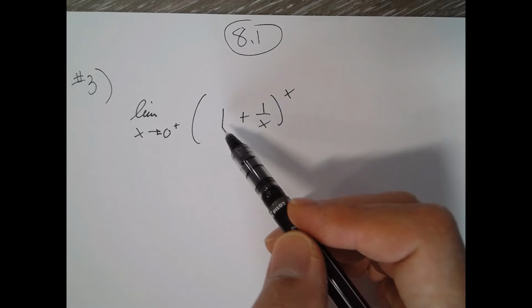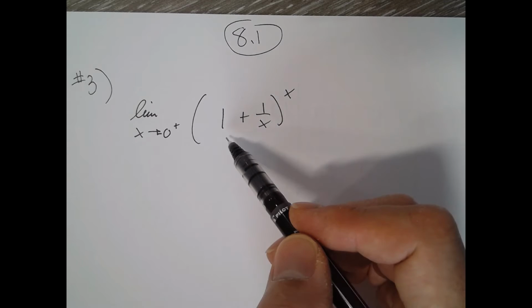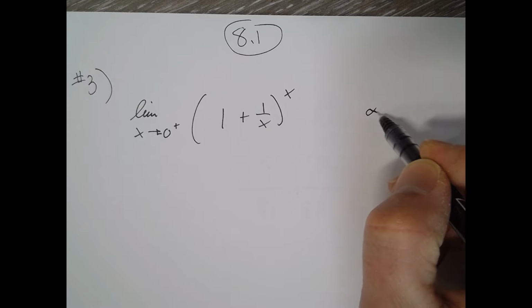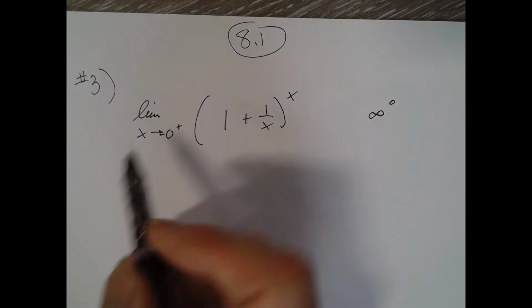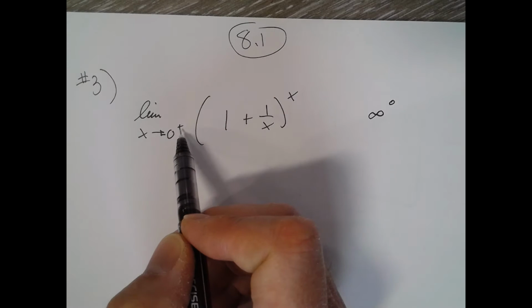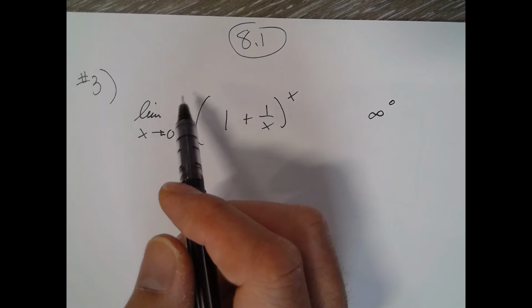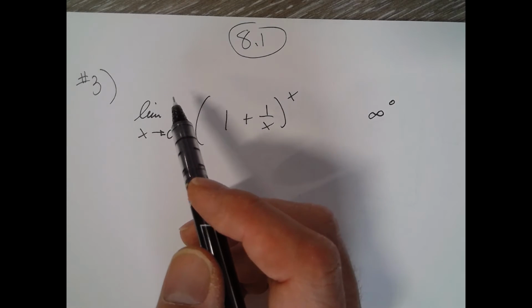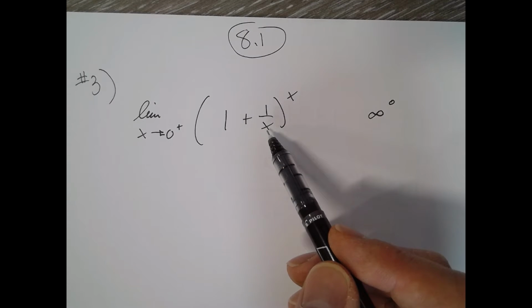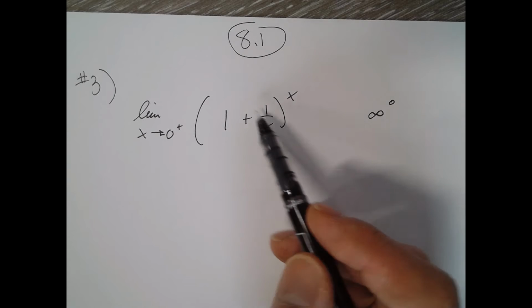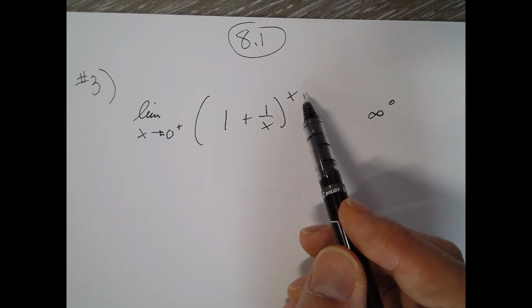So it'd be 1 plus infinity, which is infinity to the 0. So I get infinity to the 0. Infinity to 0 is indeterminate. If this was 0 from the left, that would be like plugging in negative 0.00001. 1 divided by negative 0.00001 would be negative infinity. So I'd have negative infinity to the 0.